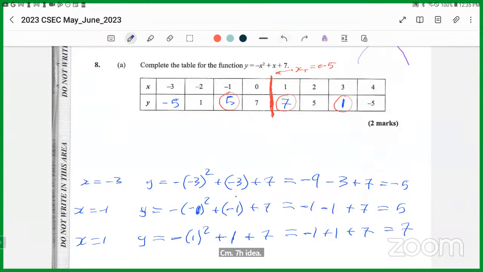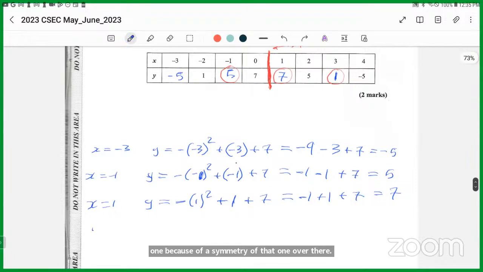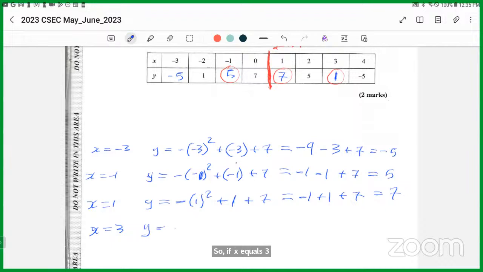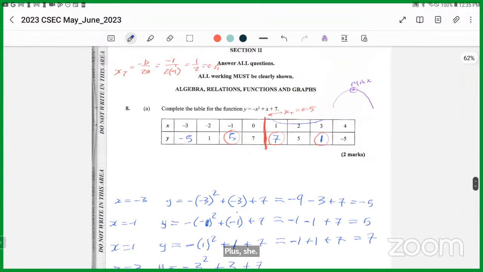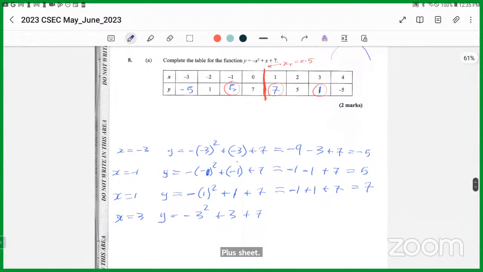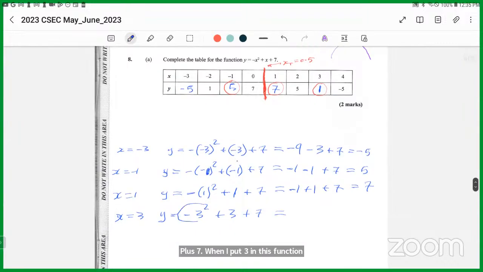Even though I know that this has to be 1 because of the symmetry of that one over there, I can still work it out with x equals 3. If x equals 3, then y equals minus 3 squared plus 3 plus 7. That's what I get when I plug 3 into the function. This works out to be negative 9.